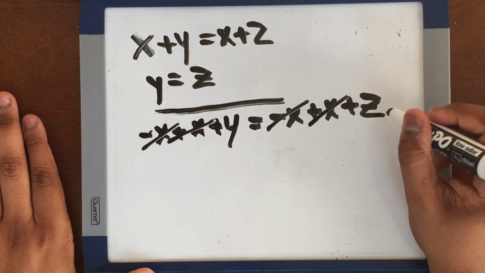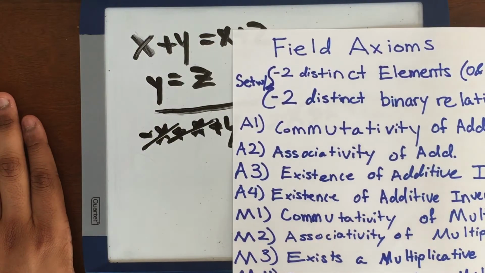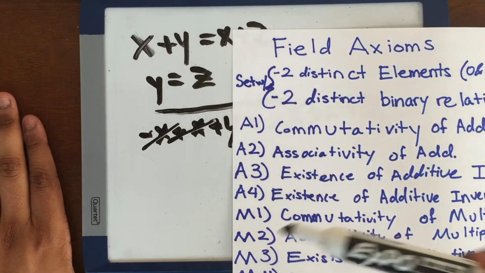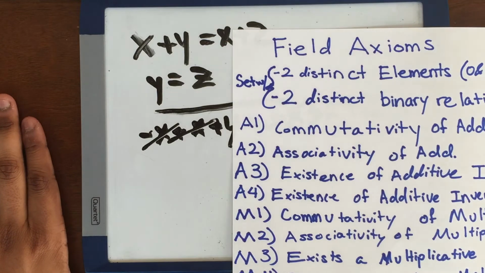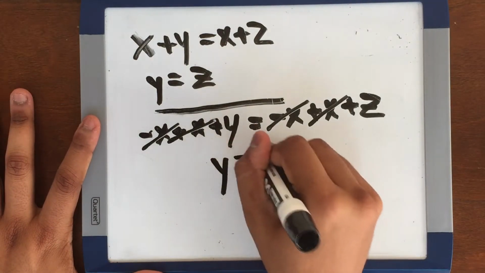And from axiom A3, the existence of an identity, and the existence of the inverses, we're able to say y is equal to z.